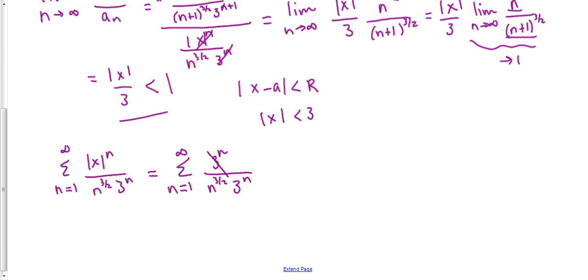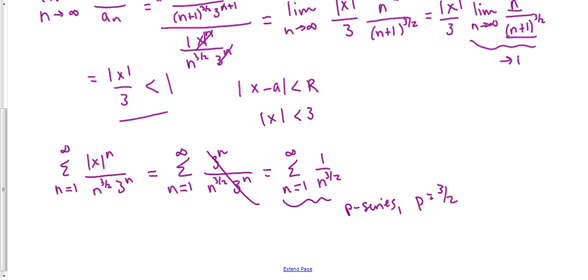And these 3 to the n's are going to cancel, leaving us with the summation of n equals 1 to infinity of 1 over n to the 3 halves. And as we should know now after going through this whole section, this is a p-series with p equal to 3 halves. And we know that as long as p is greater than 1, the series is going to converge.